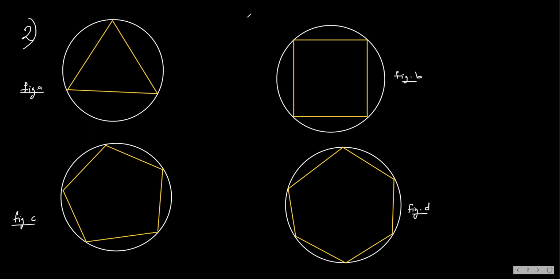What is important is that all three sides of this triangle are equal. That is, it is an equilateral triangle which I have inscribed in a circle, right?